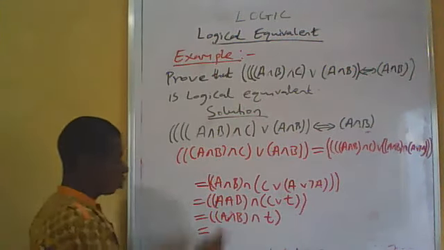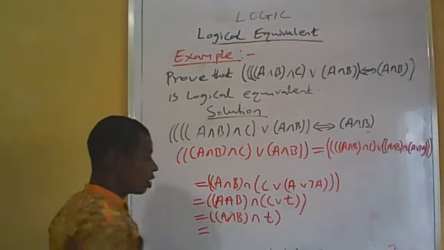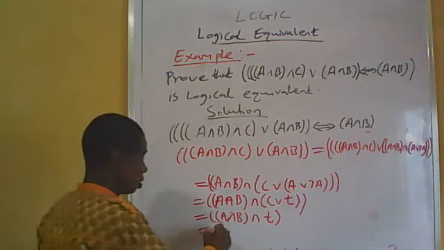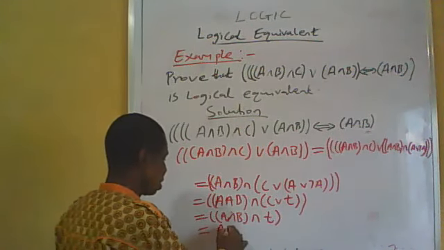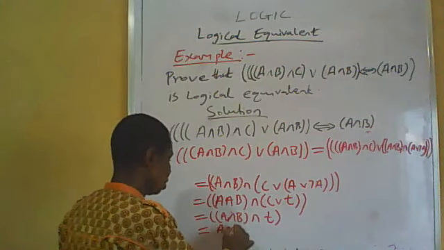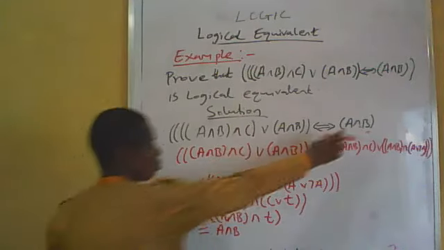Is equal to A and B and T, which is equal to A and B. Now I have proved from this one, I have proved this one.